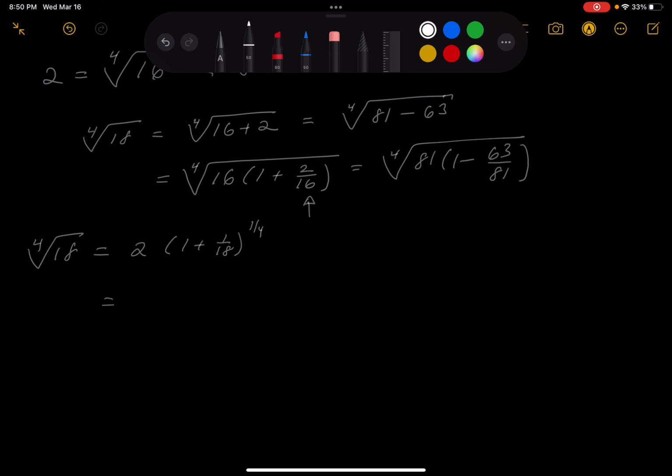So let's write this down, 2 and 1, and that's going to be 1/4. I'm sorry, I said 1/18, it's 1/8. My mistake. Let me erase that. I just noticed that. 2 sixteenths is 1/8. Sorry about that. And 1/8 is definitely smaller than 63 over 81. So it's going to be 1/4, 1/8.